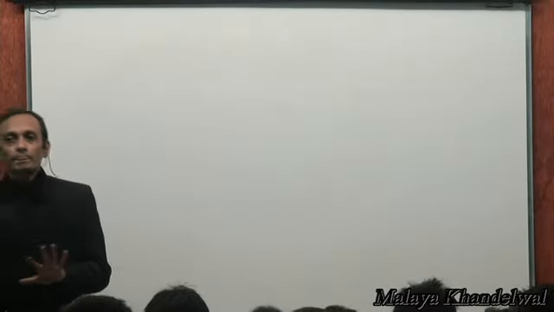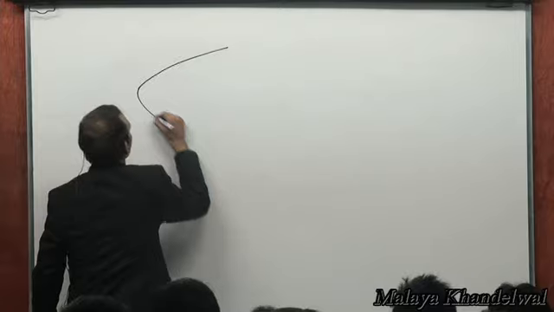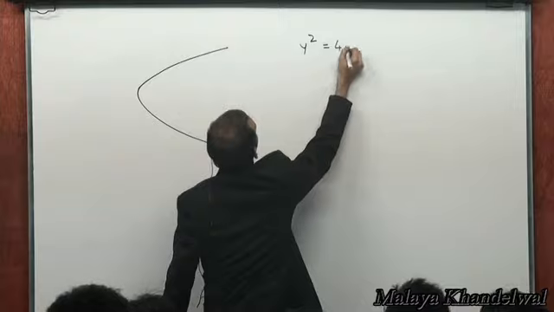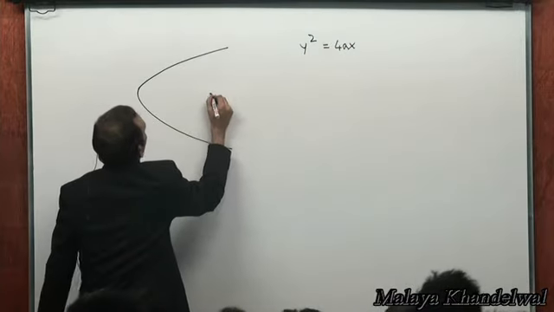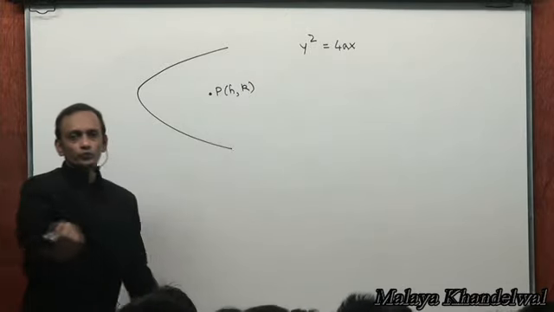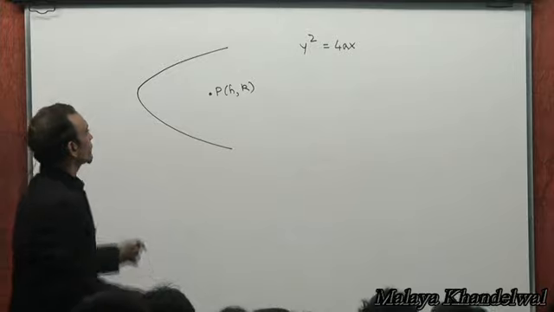Now, so again, in a standard parabola, say y squared equal to 4ax, if there was a point P, say h comma k, then like I told you, in general, three normals could be drawn to the parabola, right?